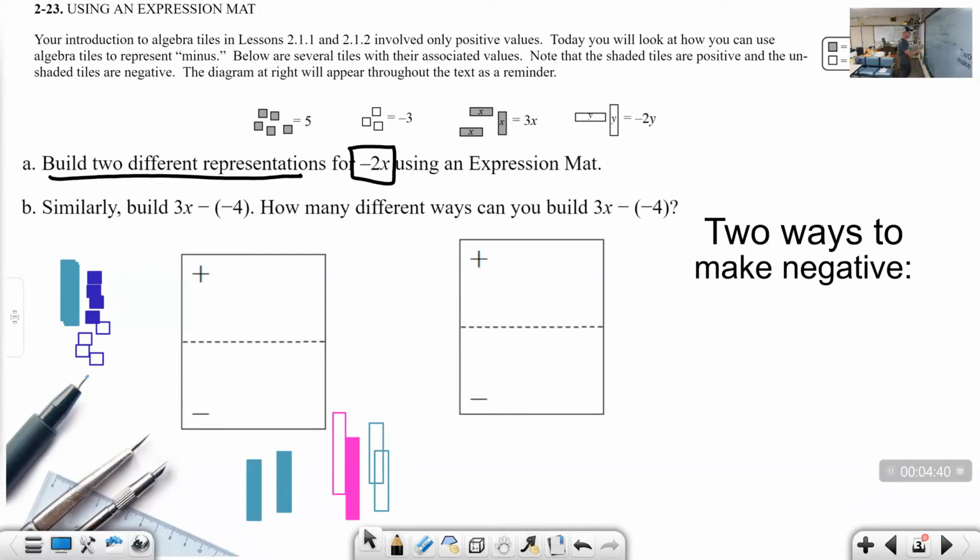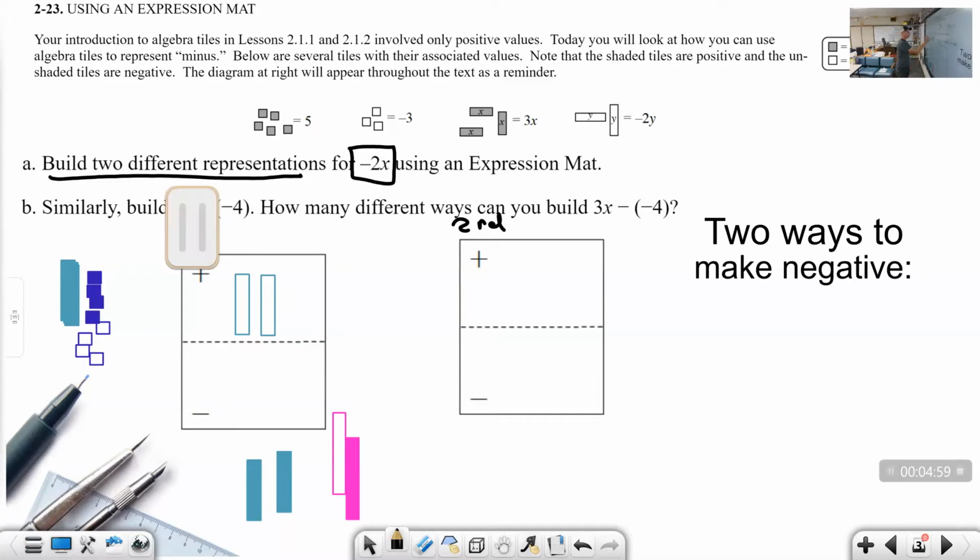The first way that we're going to build 2x is we are going to take 2 negative tiles in the positive region. You'll notice that problem 2-23 has 4 of these mats. This is the first one. Okay? This is the second one. Okay? We're going left to right.